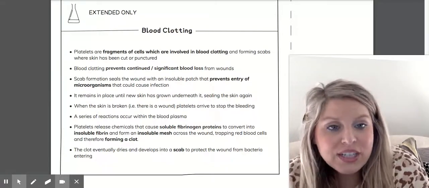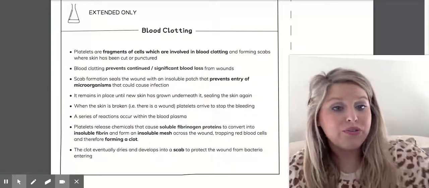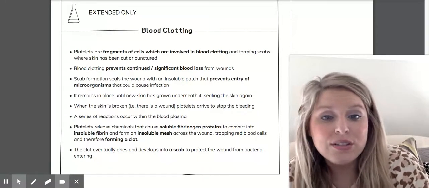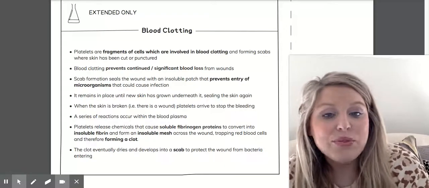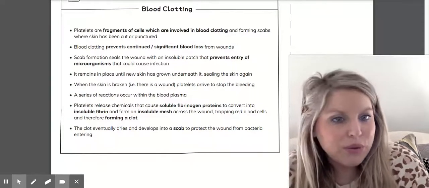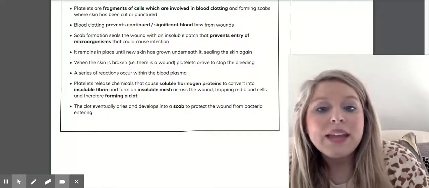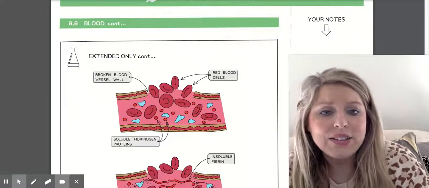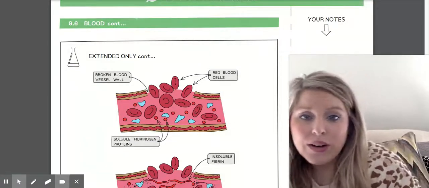So fibrinogen will be triggered to turn into fibrin, which will ultimately create an insoluble mesh across the wound. This mesh traps red blood cells and therefore forms a clot. The clot dries, and that's what we eventually call the scab, and that helps protect your wound from bacteria entering it and anything else that may want to get in or, of course, get out.